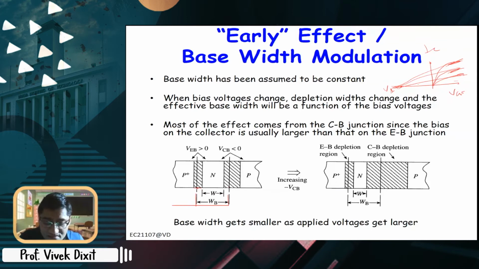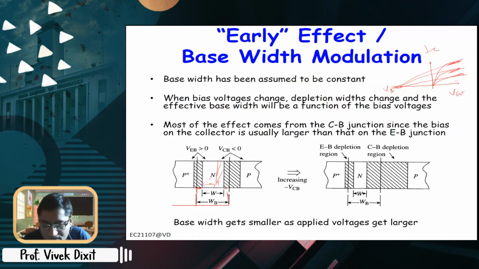We are especially concerned with the depletion width on the side of the base: depletion on the side of the base due to base emitter, and depletion on the side of the base due to base collector. Now when you increase the reverse bias on the base collector junction, this will increase, right? And your effective base width will decrease.